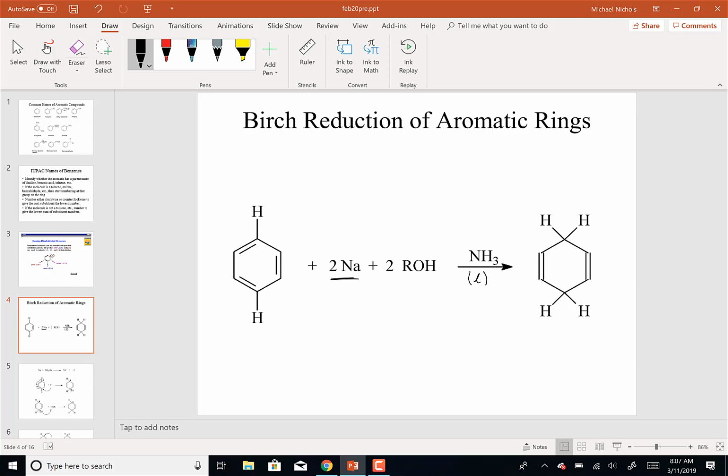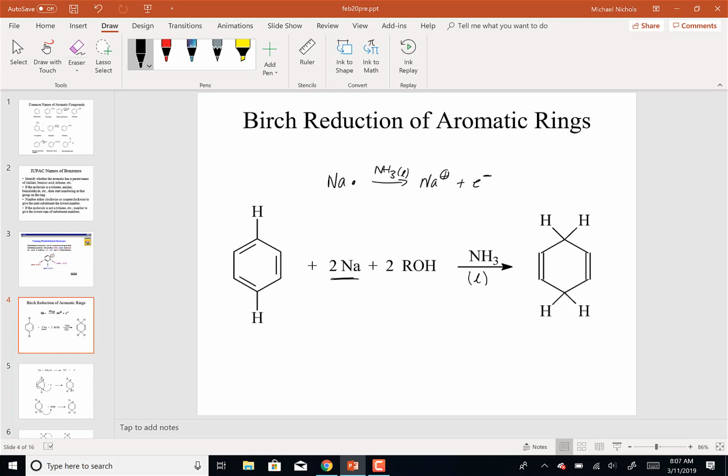strongest of reducing reagents. So if you think about it, a sodium metal has 1 unpaired electron. When you place it in ammonia that's, again, in its liquid form, the sodium gives up its electron to form what's called a solvated electron.